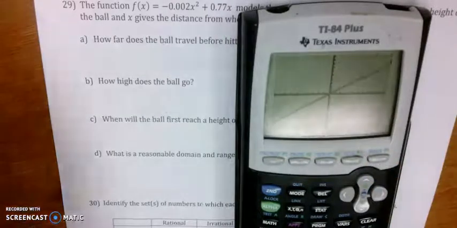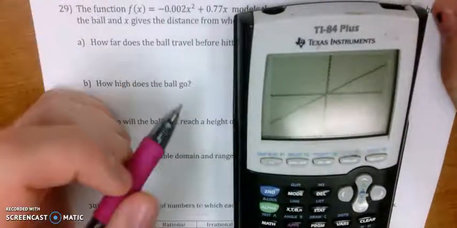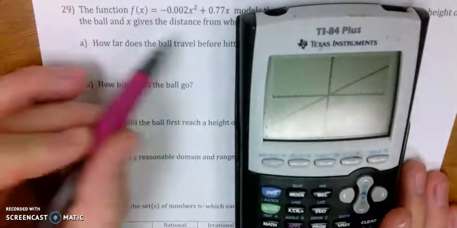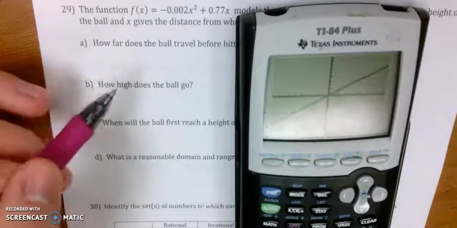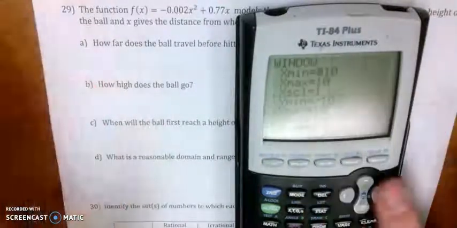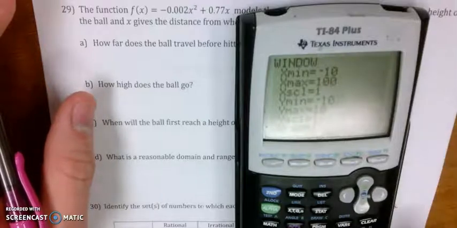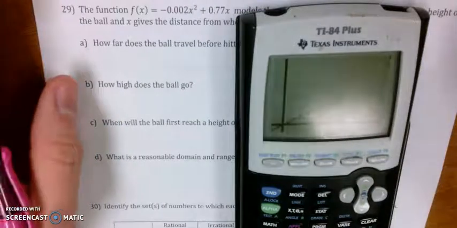And I probably won't be able to see the whole thing. That's okay. All right, so I know it should be making some sort of a parabola, right? A parabolic curve. Chances are I need to adjust my window. So I'm going to change this to 100 here and then 100 for the y max. We might need to go back and change that from there.